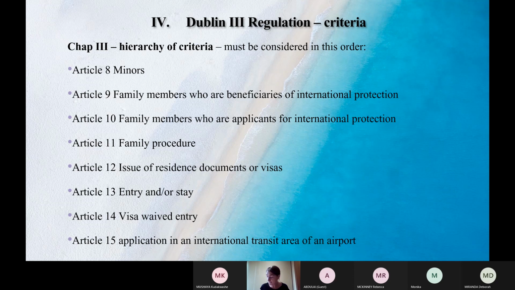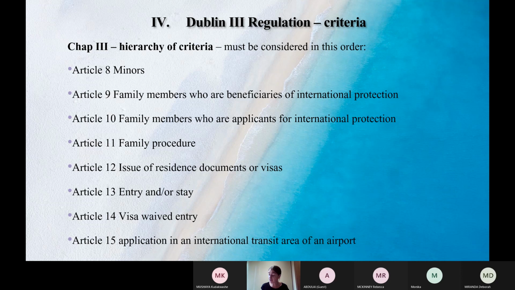Where more than one valid visa or residence document has been issued, it is the member state that has issued the residence document or visa with the longest period of validity, or the latest expiry date if they're both equal.